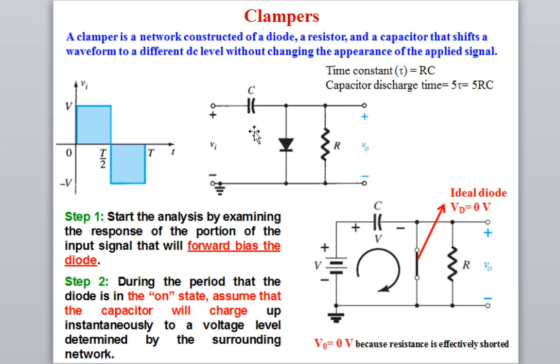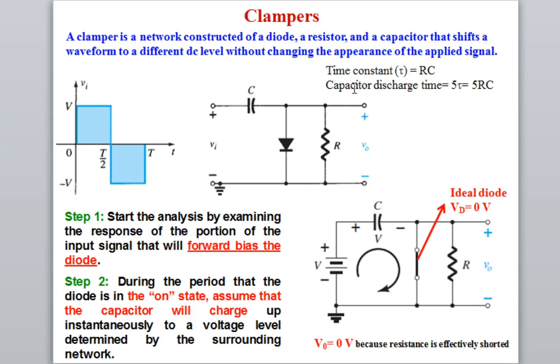First, the capacitor gets fully charged when the diode is in forward bias, and the capacitor gets discharged when the diode is in reverse bias, and the discharging time of the capacitor should be equal to 5 times the time constant.